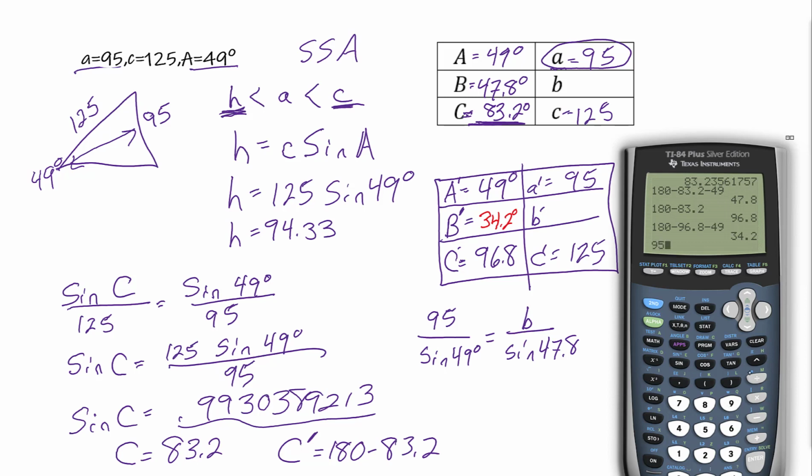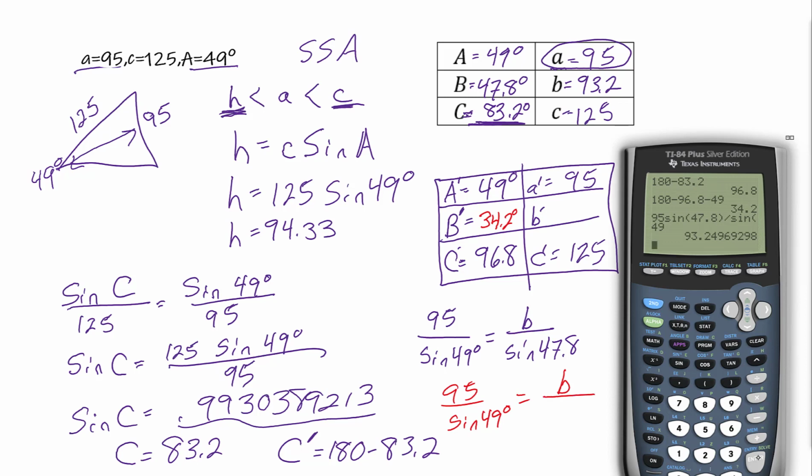So 95 sine 47.8 divided by sine 49 gives me 93.2 as one possibility. And the other possibility, for the second triangle, we still have the 95 over sine 49, but with this one our angle is 34.2 for B.